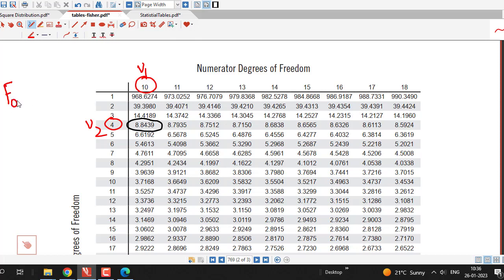What we have obtained is the critical value of F for alpha equal to 0.025, numerator degrees of freedom 10, denominator degrees of freedom 4, and it is 8.8439.